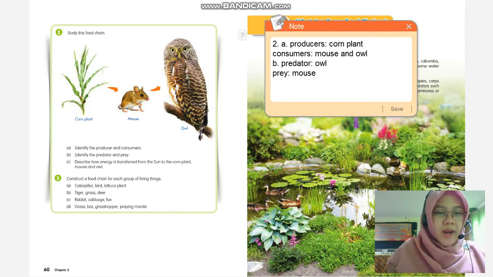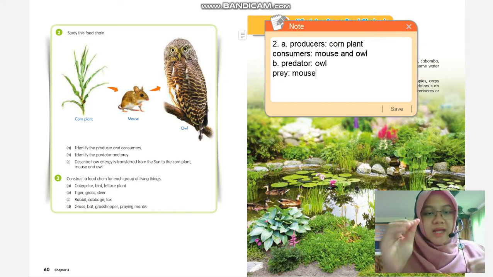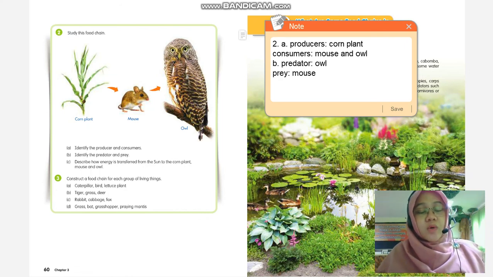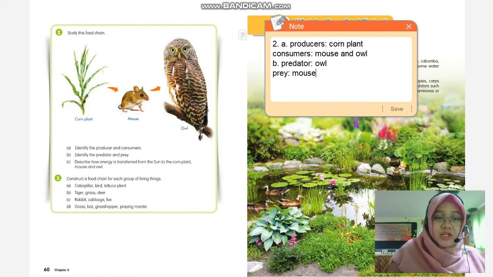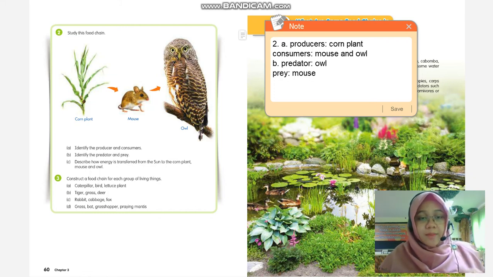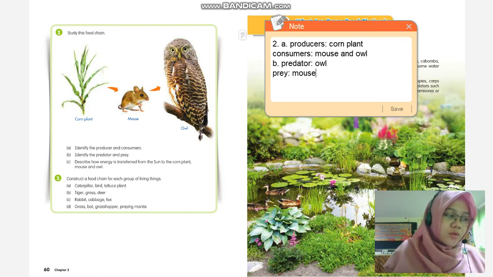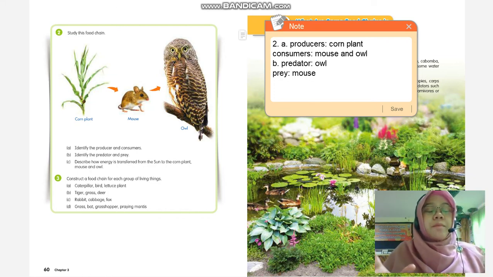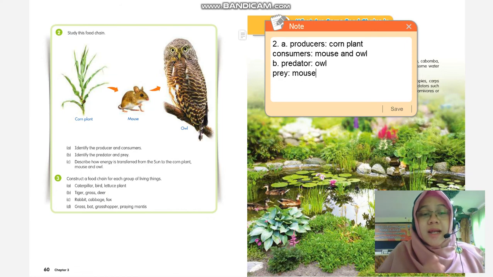C. Describe how energy is transferred from the sun to the corn plant, mouse, and owl. Bagaimana energi dari matahari, cahaya matahari itu bisa sampai ke tanaman jagung, lalu ke tikus, dan ke burung hantu. Gimana ceritanya? Nah, because corn plant uses sunlight to make its own food, ya kan? Nomor 3.